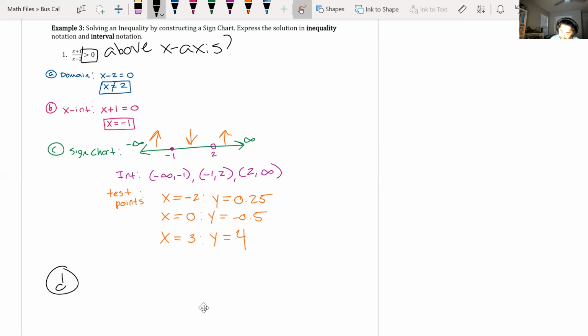So for part D, I'm going to rewrite it. I'm just going to say R of x greater than 0, R of x representing my rational function. So all this wants is what we said, inequality notation and interval notation.